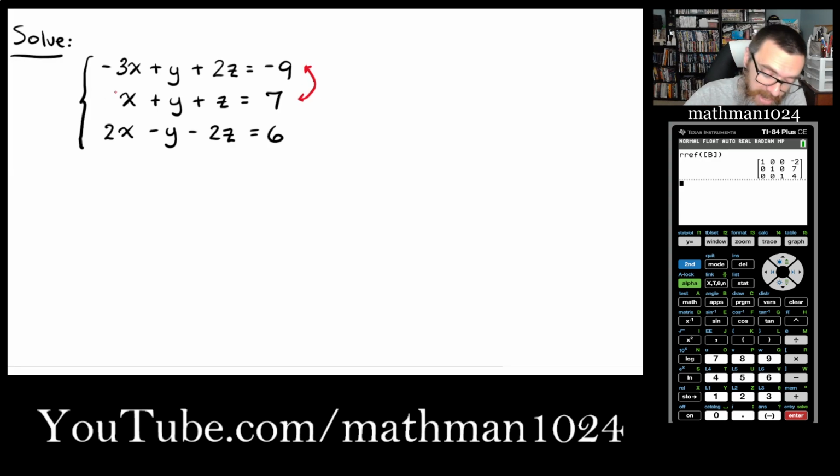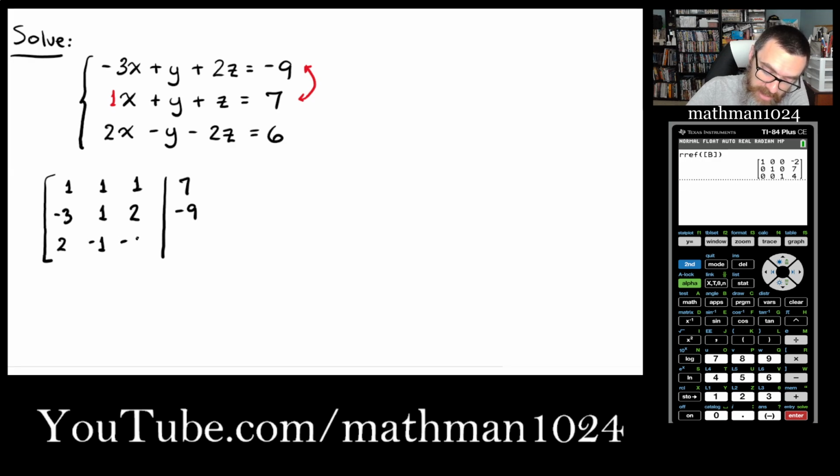The reason for that is because that's a 1. Having a 1 in the leadoff spot is really what you want. So I'm now going to have this as 1, 1, 1, 7. The first row is now my second row, so negative 3, 1, 2, negative 9. Then we have 2, negative 1, negative 2, and 6.